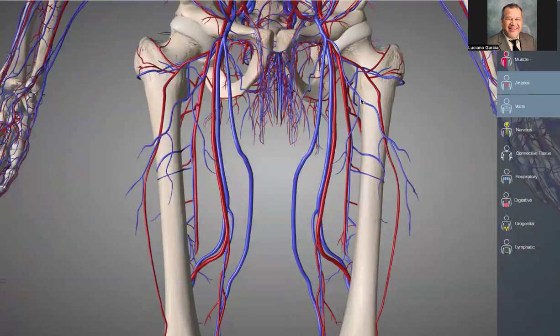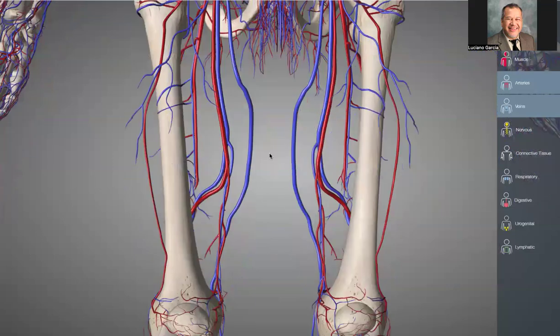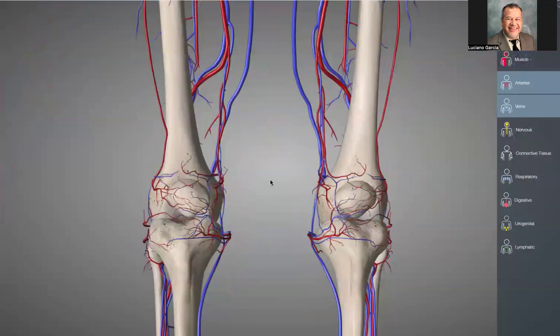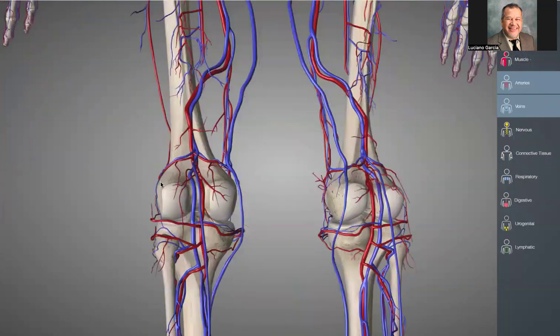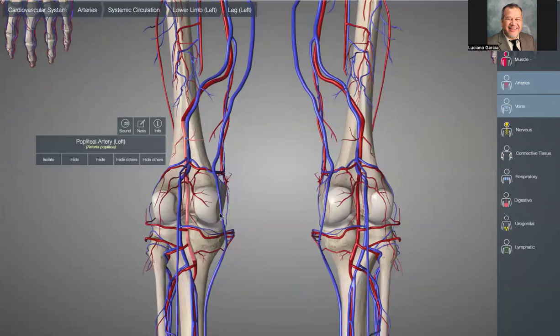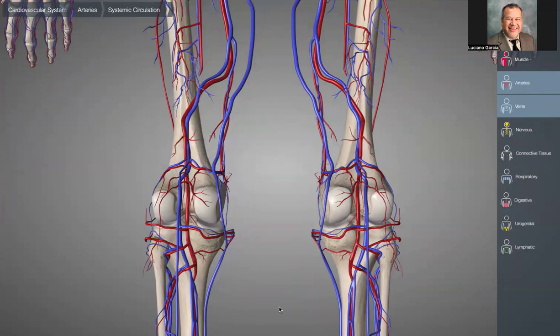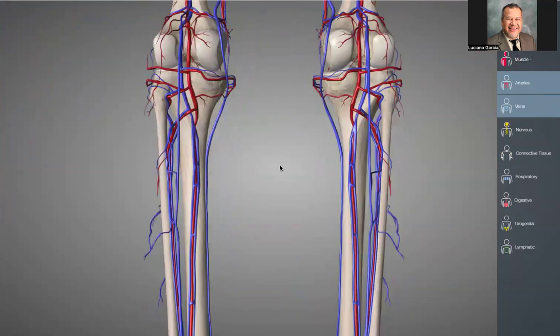There are some deep branches I'm not going to go over right now, but the femoral artery comes down the inner part of your leg. And then it goes posteriorly and changes names to the popliteal artery. Still the same artery that went down the inner part of your upper leg.